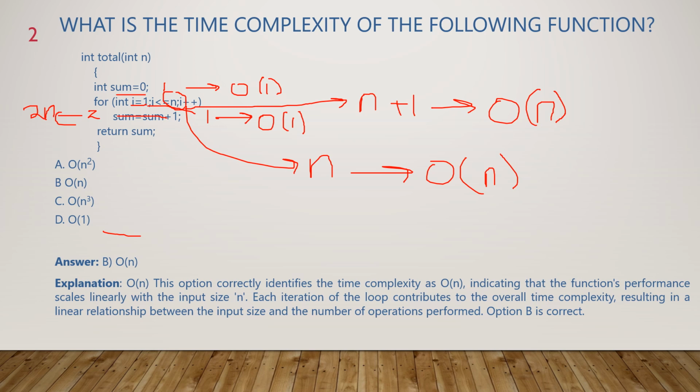Big O of n squared, big O of n. When you see the last return, the return operator takes one unit, so it is big O of 1. Overall, there is big O of n and big O of 1, so big O of n.